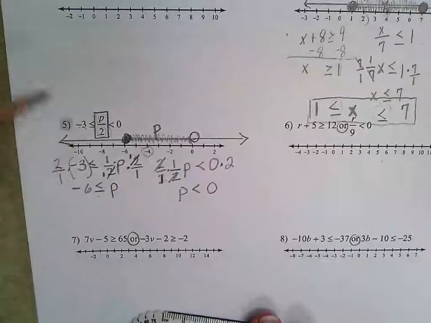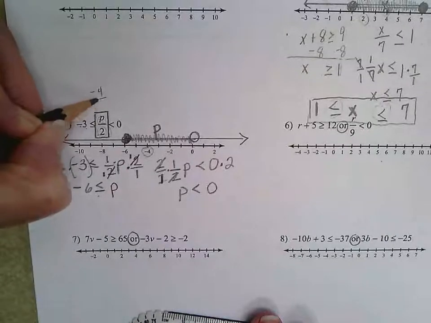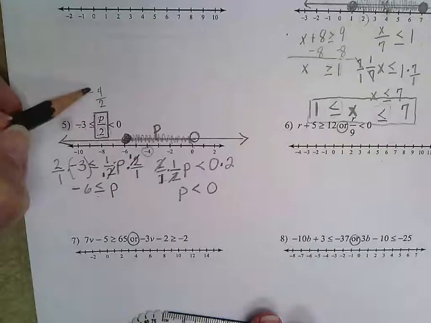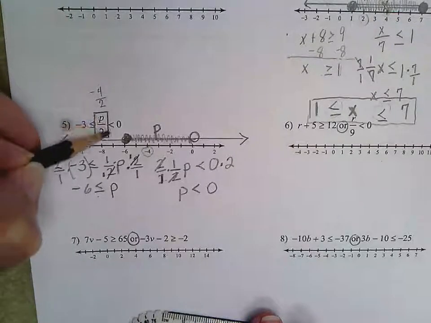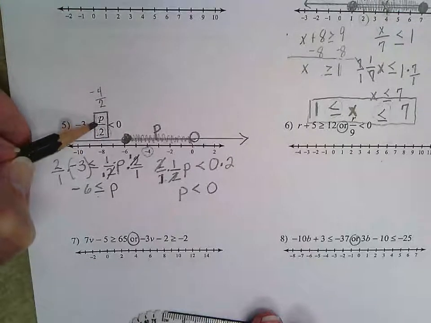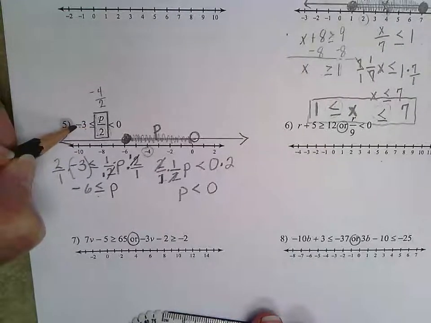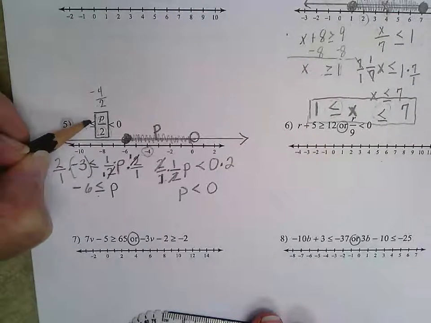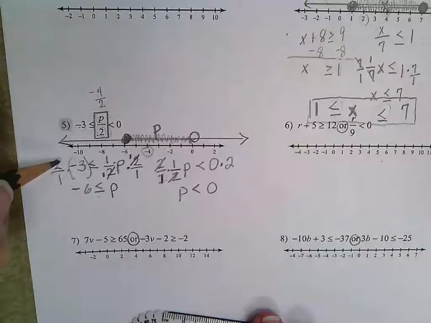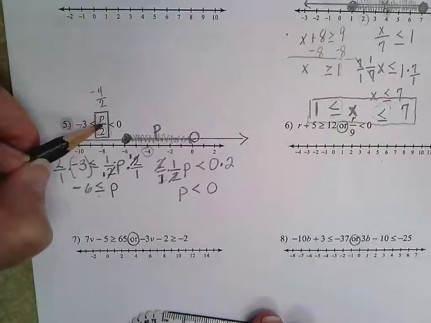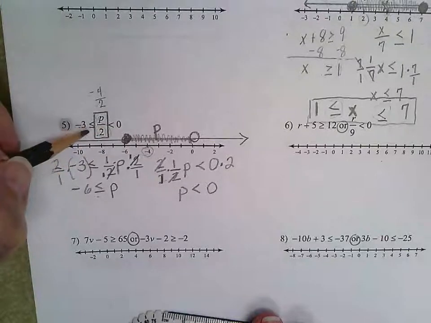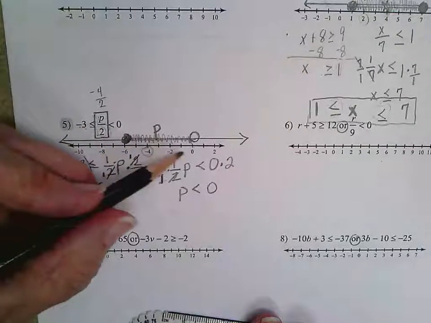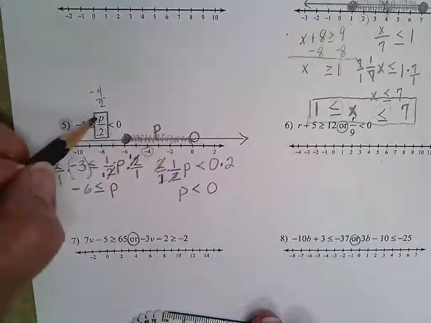So if I put -4 in for p, I would end up with -4 divided by 2. So this whole quantity here is now -2. So is -3 less than or equal to -2? Yes, it is. Is -2 less than or equal to 0? Yes, it is.